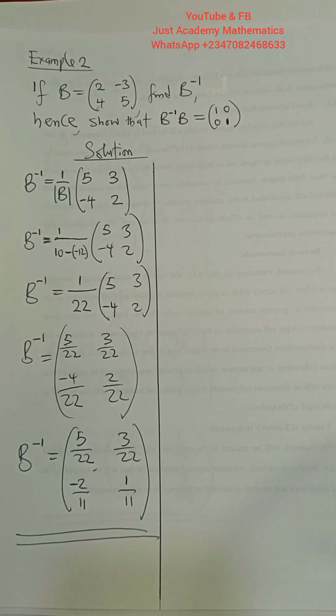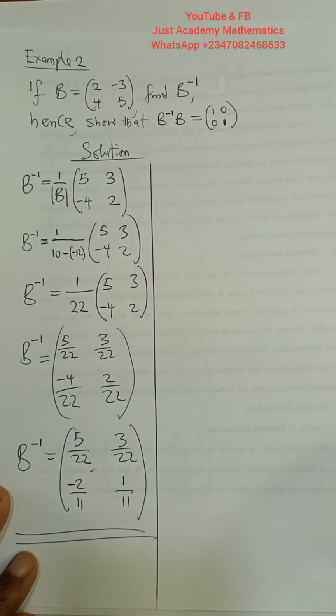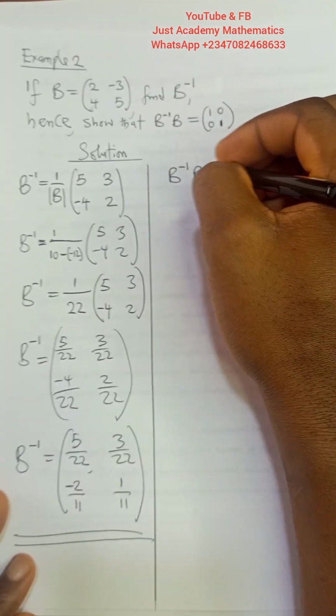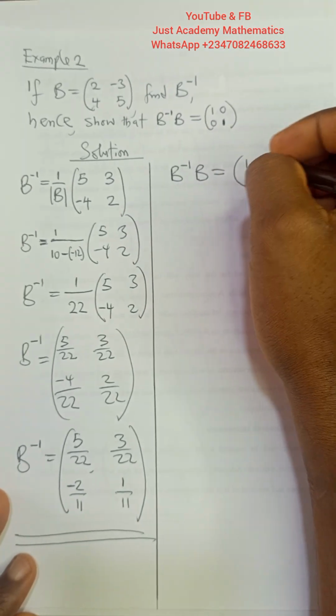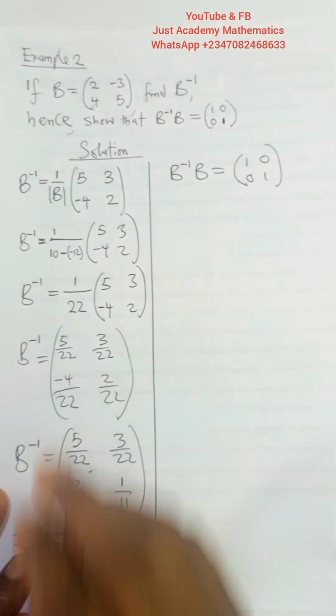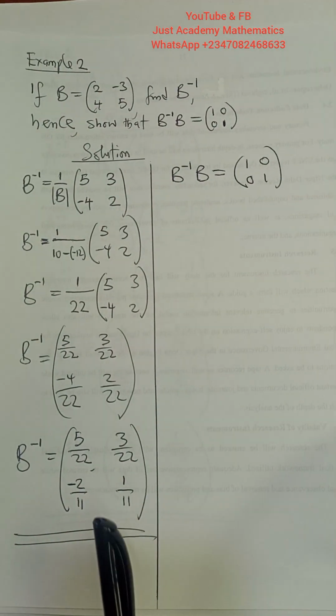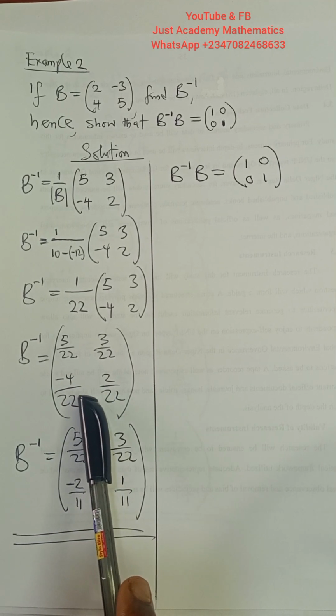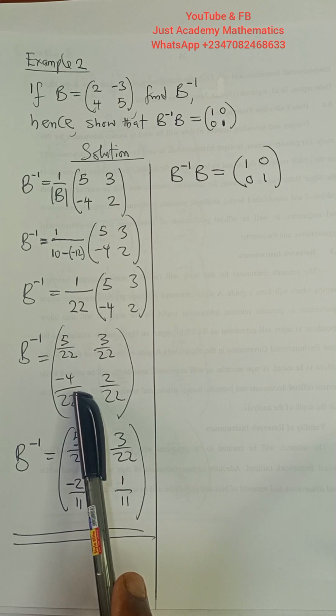Now that we know B inverse, we can go and show that B inverse times B must be equal to 1 0 0 1. That is what we want to show now. Let's pick the B inverse from here, then we'll multiply it by B and see what happens.